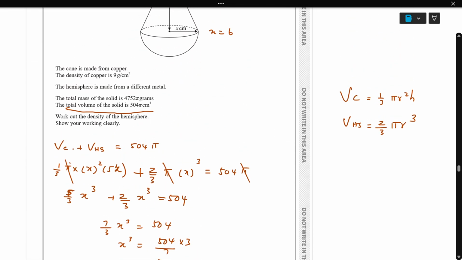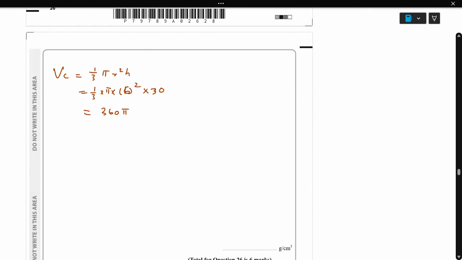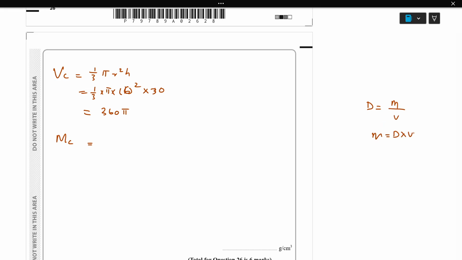From volume of the cone, we can find the mass of the cone, because density is already here. So next I'll find mass of cone. Density equal to mass over volume, so mass equal to density times volume.